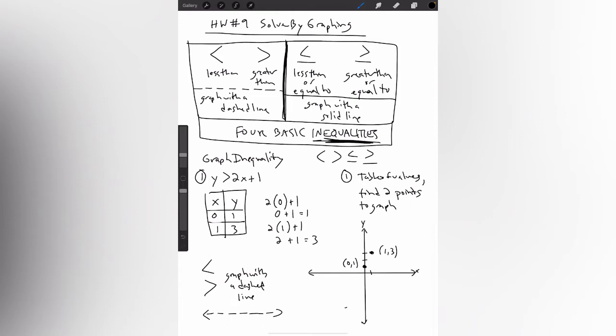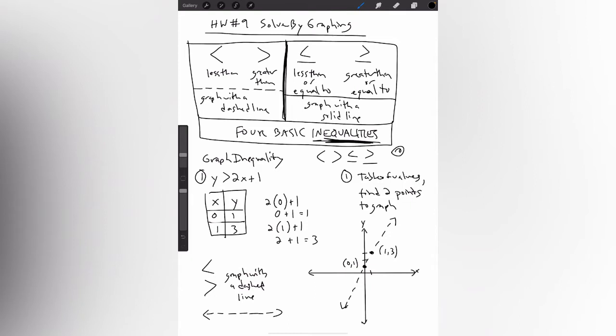So knowing that, we have a greater than symbol in number 1. Whenever I have a less than or greater than, I need a dashed line. So I'm going to draw my dashed line, and I've done that. So for number 1, my first step was to create a table of values. I'm going to write over here, even though it's sideways, just to keep track of it.